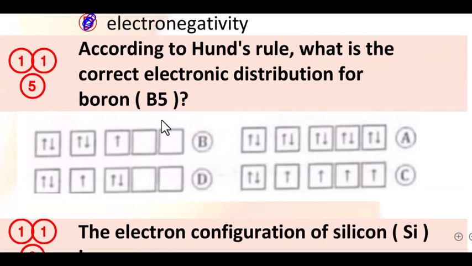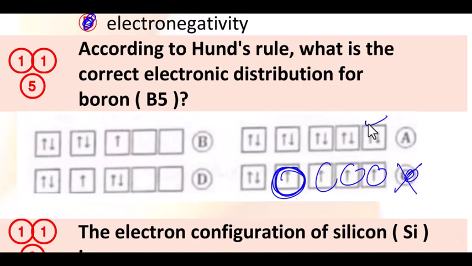Which is true according to Hund's rule? Here, not C, as the electrons are paired in S. In A, the paired electrons have opposite directions, so Hund's rule is not required there.